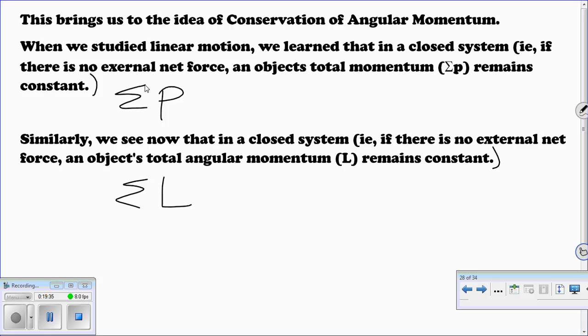Okay, so right now he's got some angular momentum, right? When he pulls his arms in, what happens? Pull your arms in. Arms out. Arms in. Every time he brings his arms in, what's he doing to his rotational inertia?